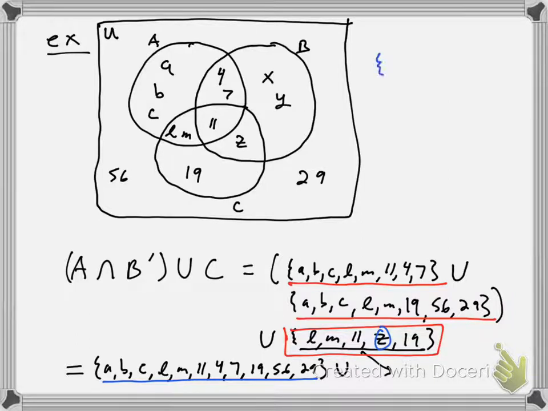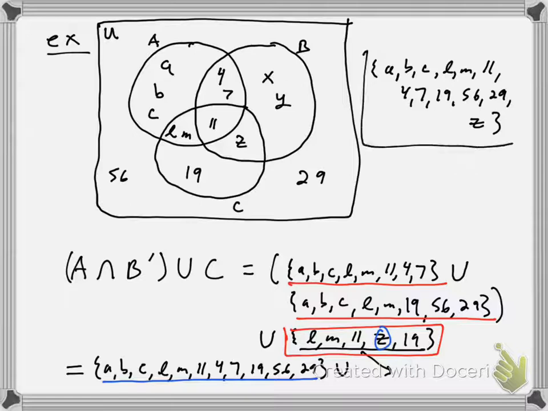So I'll write the answer up here. A, B, C, L, M, 11, 4, 7, 19, 56, 29, Z. That's my final answer.